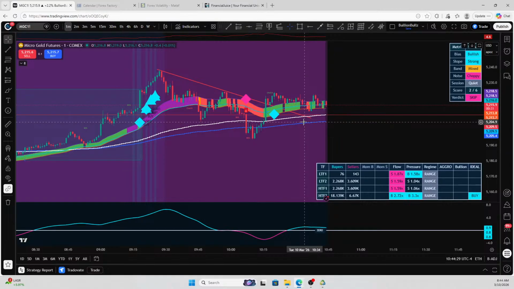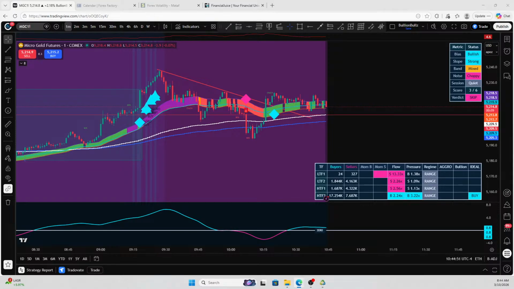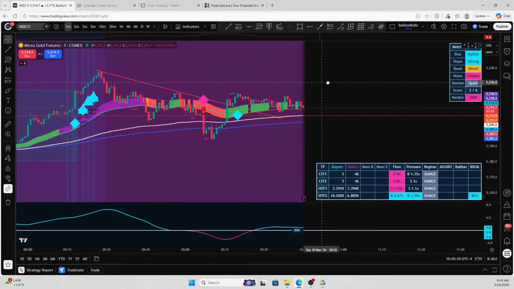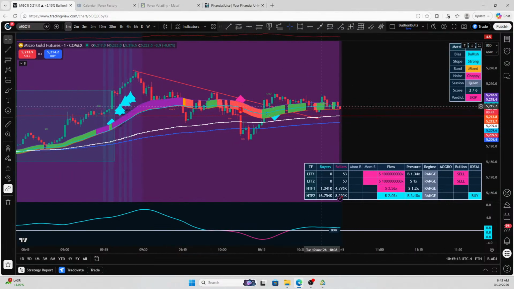And at that point in time, we want to be looking for our trade setup to form. The market is consolidating right now.